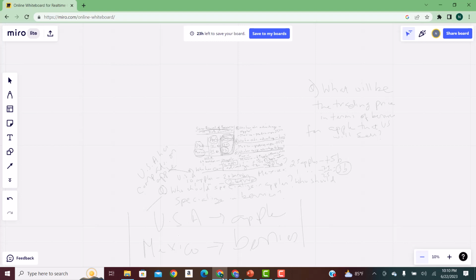Then we end up with the final question: what will be the trading price? So we now know that USA will produce apples in house and they will import berries from Mexico. Because it will benefit them, they should not use resources to produce more than apples.